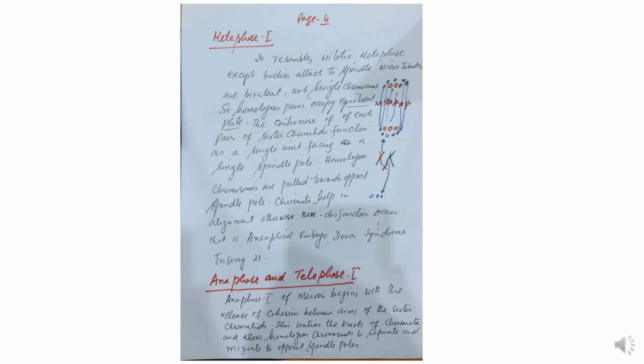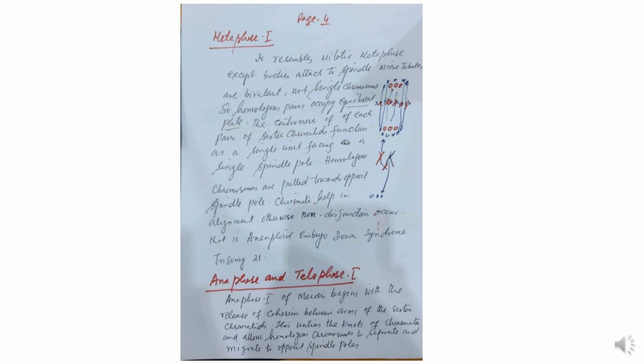That side will become 24 and this will become 22, because there are 46 chromosomes. When one pair shifts toward this side and the other to the other side, they equally pass on 23 toward this side, 23 to this side.